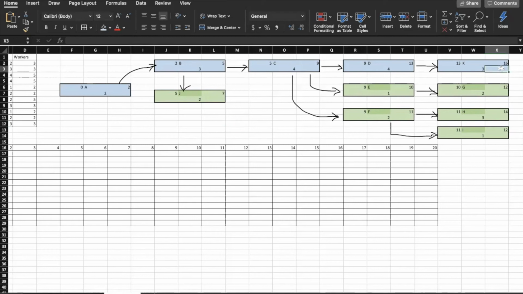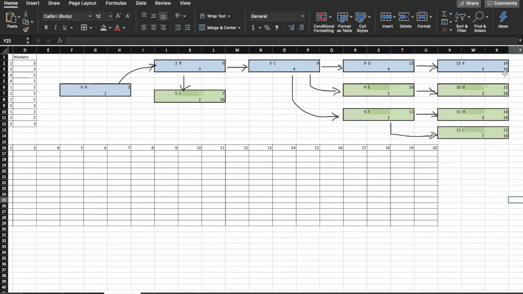So let's see what is the latest finish date. We start with the 16th. And anything that doesn't have any activities following it can be finished as late as the 16th. So we are putting those in, and we will start working backwards.